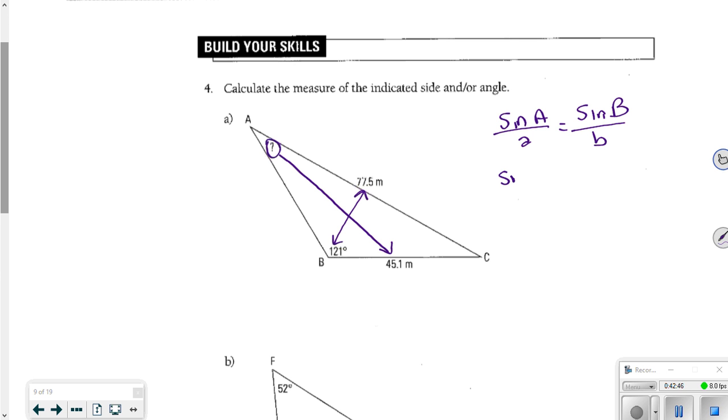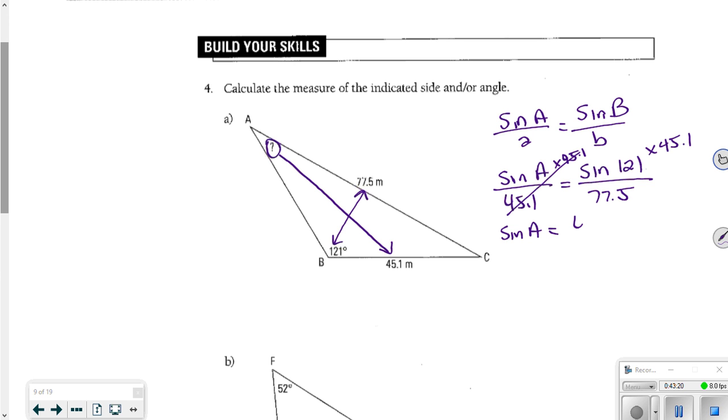So we're going to say sine A divided by the side that's directly across from it, which is the 45.1, equals sine of the other angle that we know, so sine of 121, divided by the side directly across from the 121 degrees, which is the 77.5. To rearrange, we have to multiply by the bottom, so times 45.1 makes that cancel out.